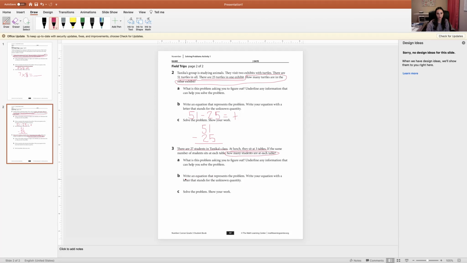Letter B says, write an equation that represents the problem. And in your equation, we need to use a variable. Okay, so there are 27 students in Tanika's class. So I'm going to write 27.